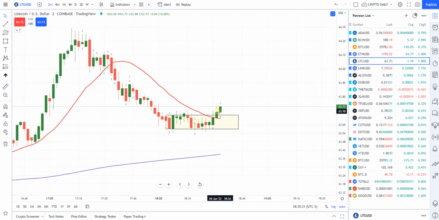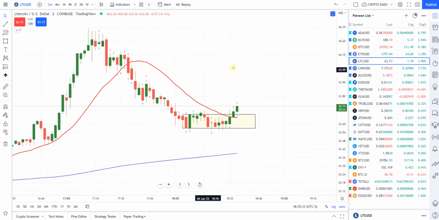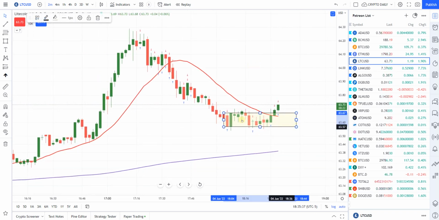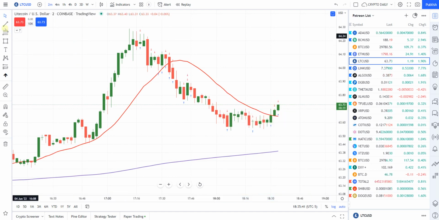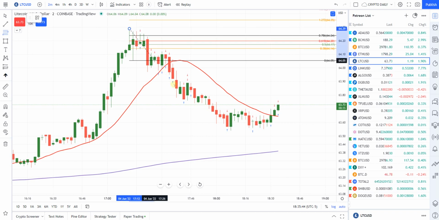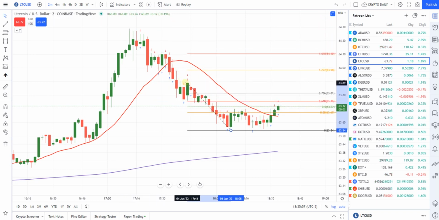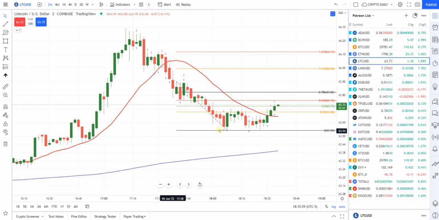But yeah, whenever it gets over the 20, you get a little bit more risk on, so to speak. And we broke up and out of this sideways consolidation zone. And then what other little trick can we use? Right there, see how far up we go. Now we have some consolidation here, with the high being really right there.